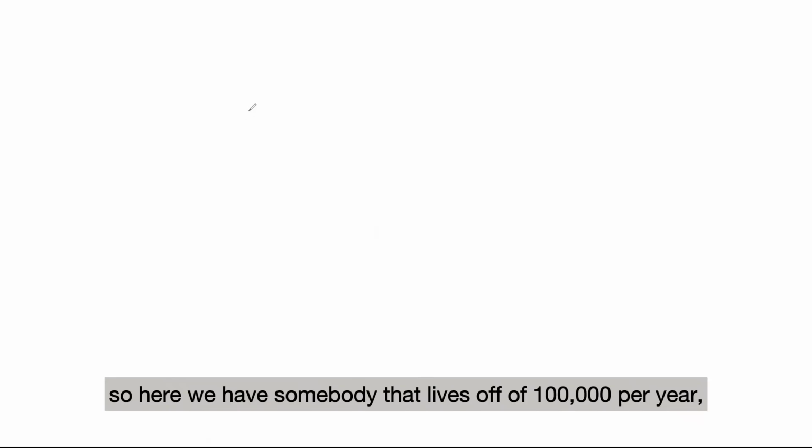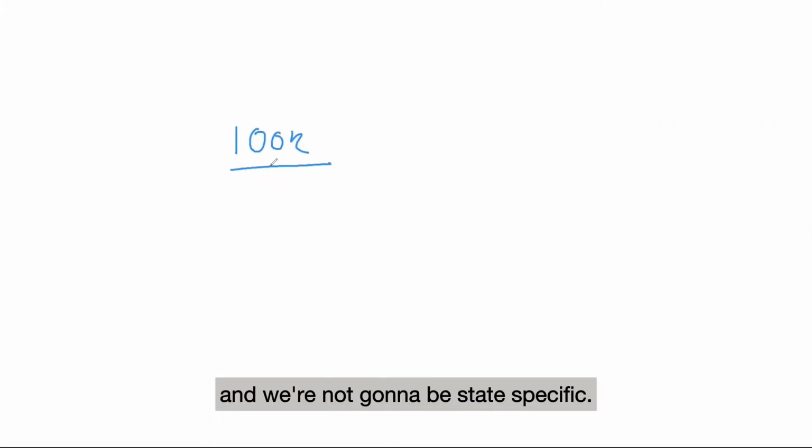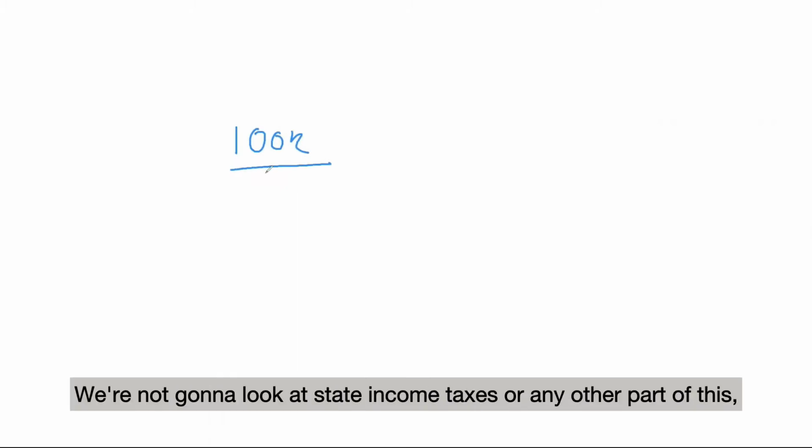Here's an example. Okay, so here we have somebody that lives off of $100,000 per year. Okay, and we're not going to be state specific. We're not going to look at state income taxes or any other part of this.